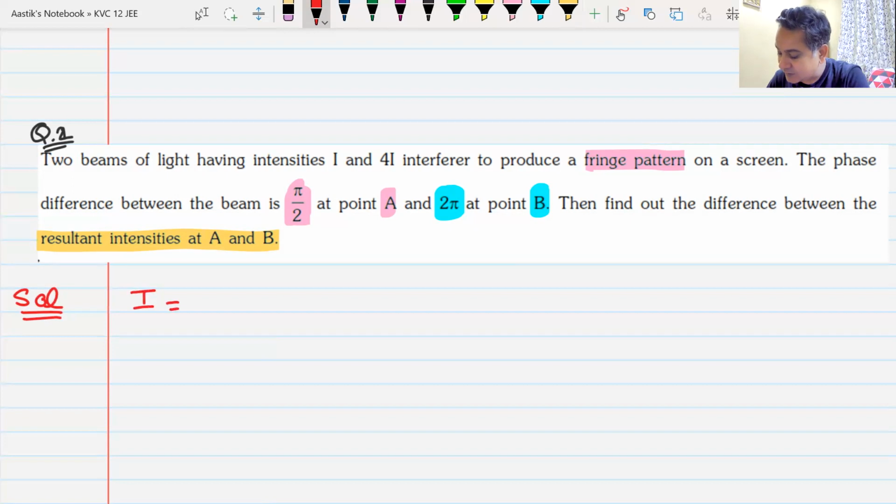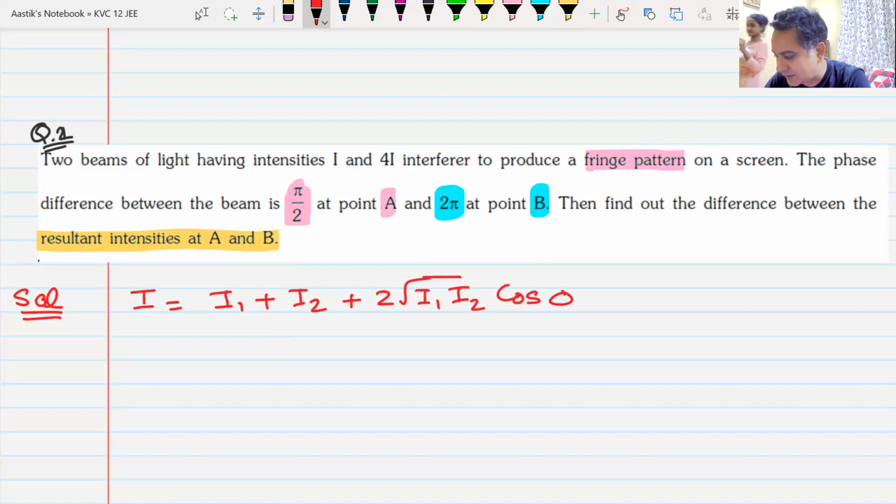We first write the formula of intensity. Intensity is I1 plus I2 plus 2 times root over I1 into root over I2 into cos of phi. Yes or no? First thing is I find the intensity at point A. To find the intensity at point A, I must know the value of the phase difference and I must know the values of I1 and I2.